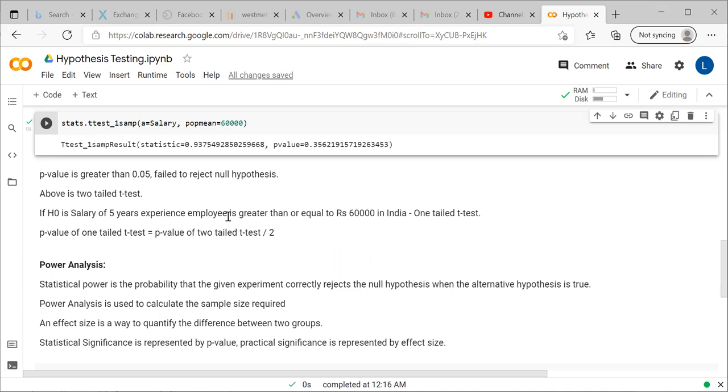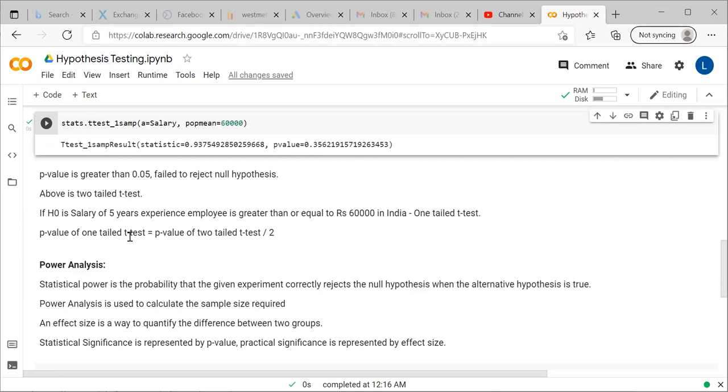In case I said the condition as: a 5 years employee's salary is greater than or equal to rupees 60,000 in India, then I have taken only one side. Less than goes to the alternate hypothesis. So I am taking completely one side, and it will become a one-tailed t-test. For calculating the p-value here, whatever it is will remain the same, only you have to divide it by 2.